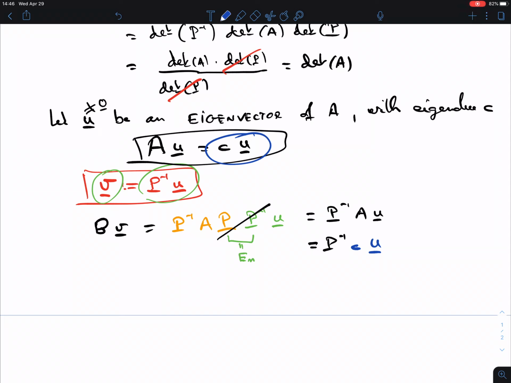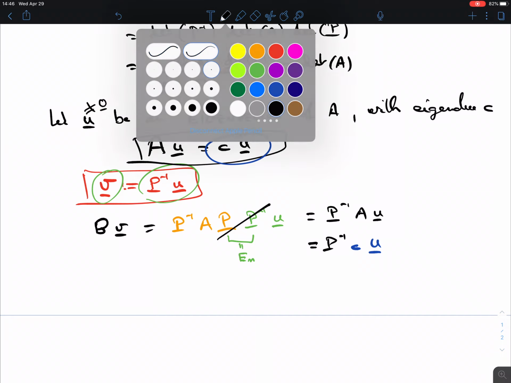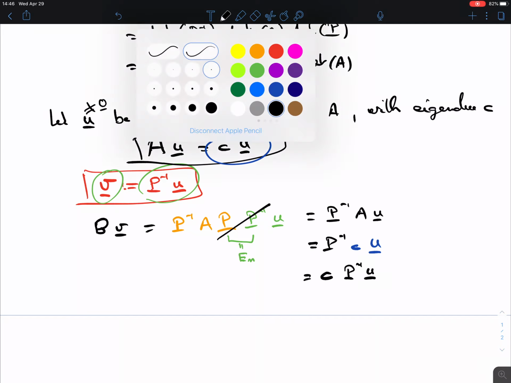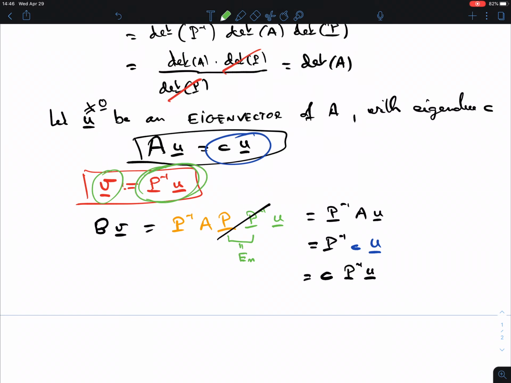Scalars are just scalars, they can move around, so we can move the scalar outside here. So I get C times P minus 1 U. But wait a sec. I know what this is. This is the green guy here. That is just V. So this is C times V.